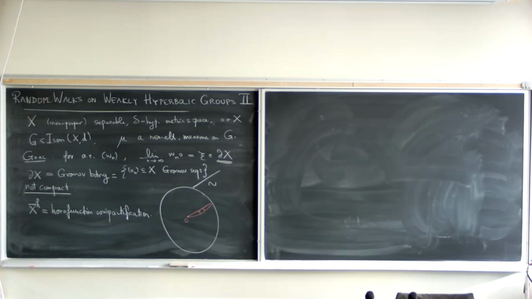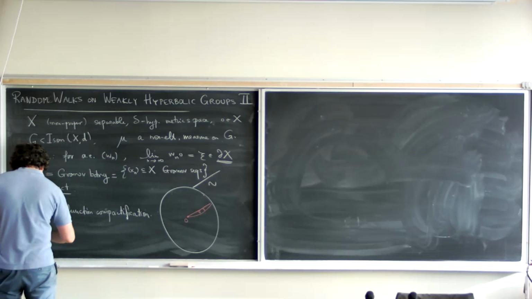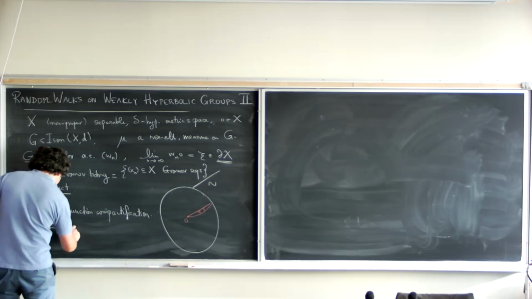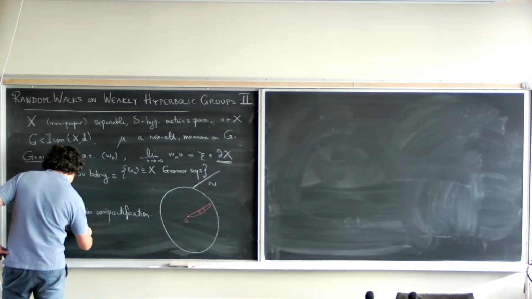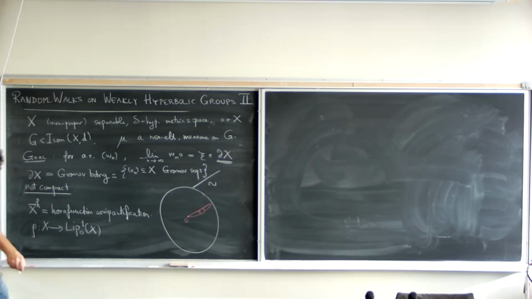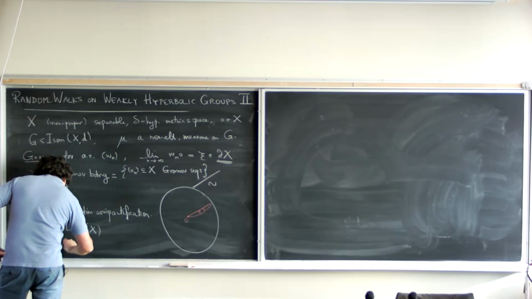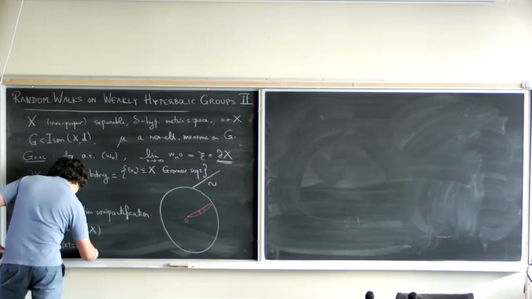Okay. And recall basically the definition is like this. We have this map from the space into the one-Lipschitz maps that vanish at O. The map is z goes to rho_z of x, which is d(x, z) minus d(O, z).